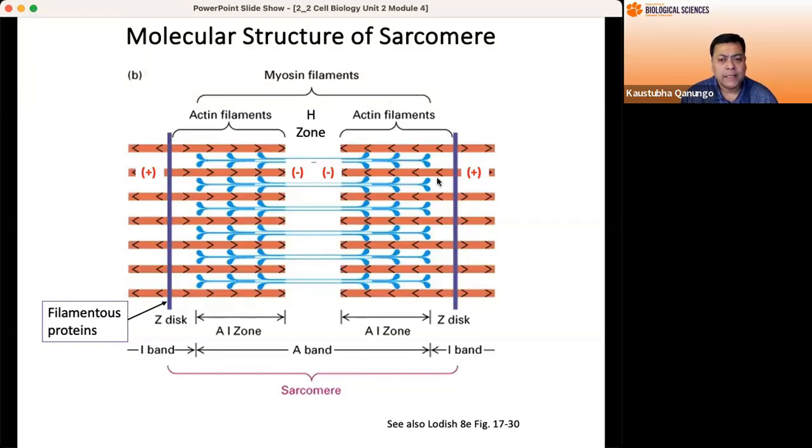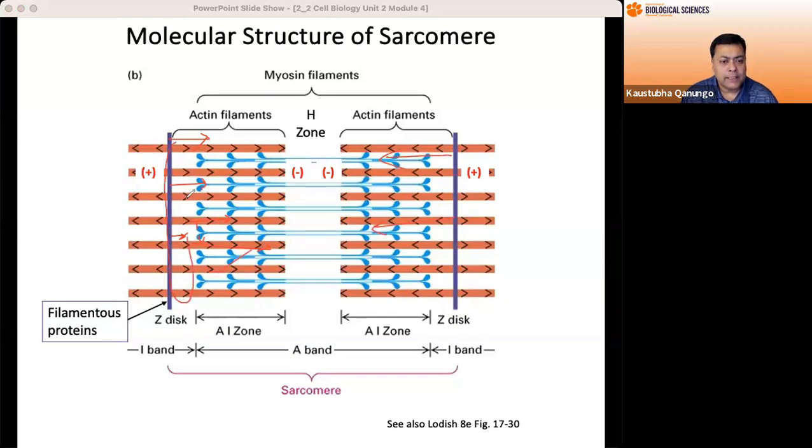But what happens, the I band is the area where you have only actin and no myosin. When we have the contraction, both the Z discs come closer. If you look at this structure right here, the Z disc is going to move in this direction, because these myosin heads are going to pull the actins, and both Z discs will move towards this.